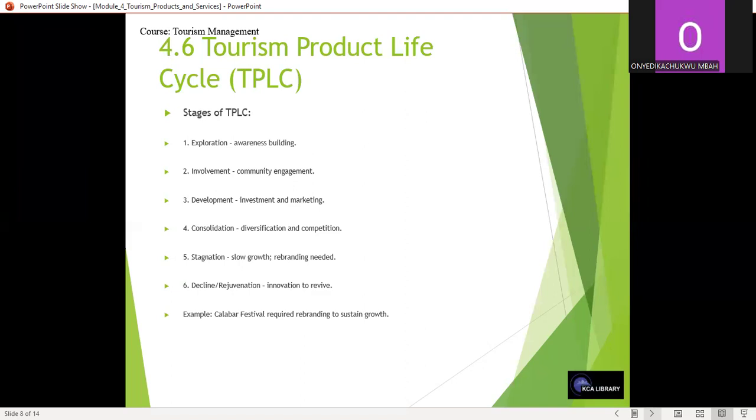Four, consolidation, which is diversification and competition. Five, stagnation, that is slow growth, which also leads to rebranding. And six, decline or rejuvenation. This is where innovation is needed. For instance, in Nigeria here, the Calabar Festival required rebranding to sustain growth.